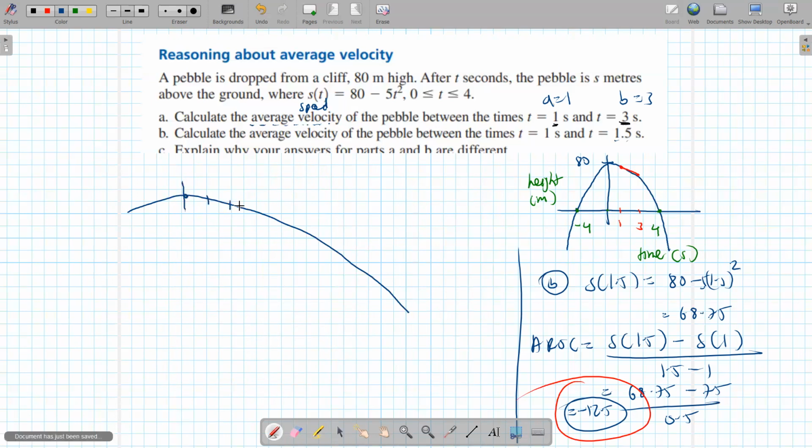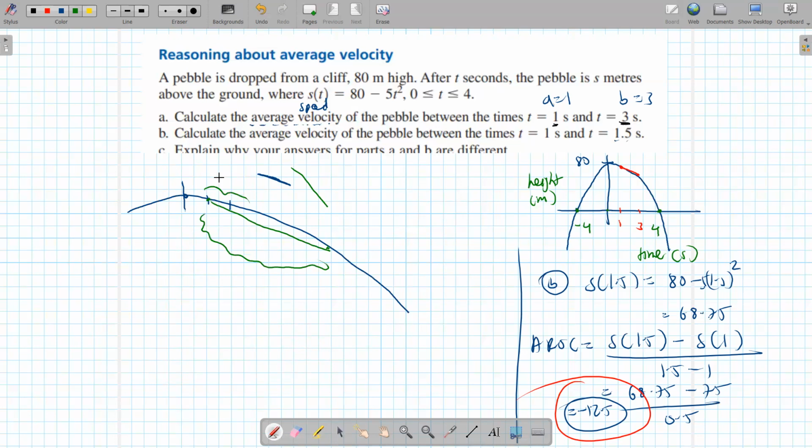Between 1 and 1.5, the slope is like this, right? The steeper the slope, the more vertical the slope, the higher its value. And then between 1 and 3, it looks to be a little bit steeper, right? So that means it's faster here than here.